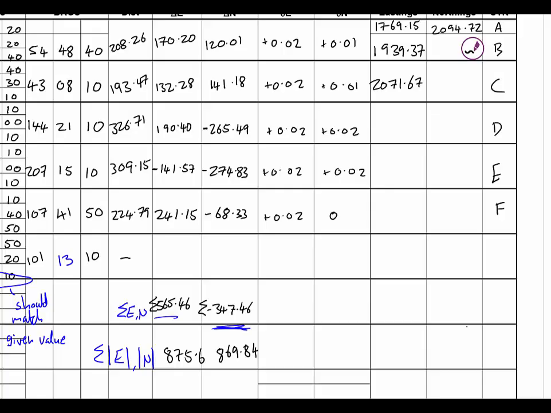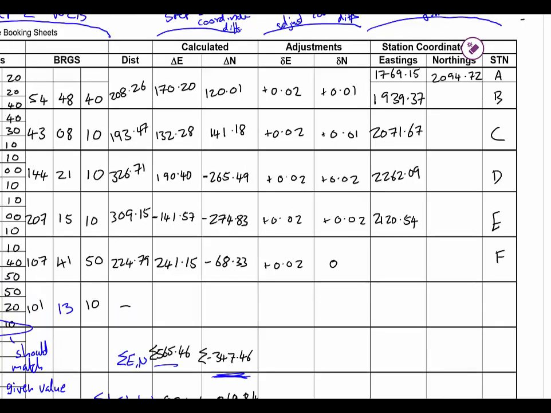Then from C to D, we add 190.4, and we add 0.02. 2262.09. We've then got a negative change in Eastings, so we minus 141.57, and we add 0.02. Got 2120.54. Okay, I just noticed this should be 214.